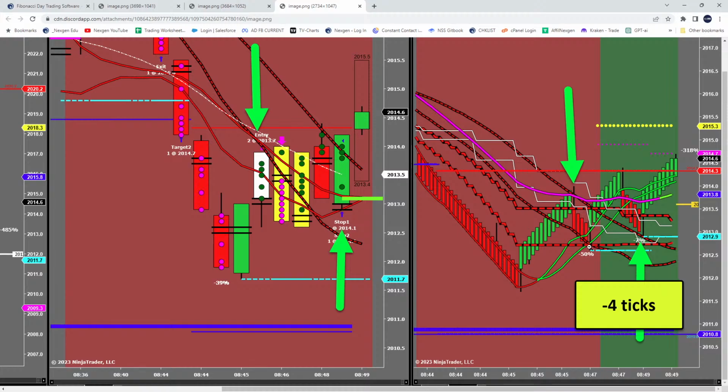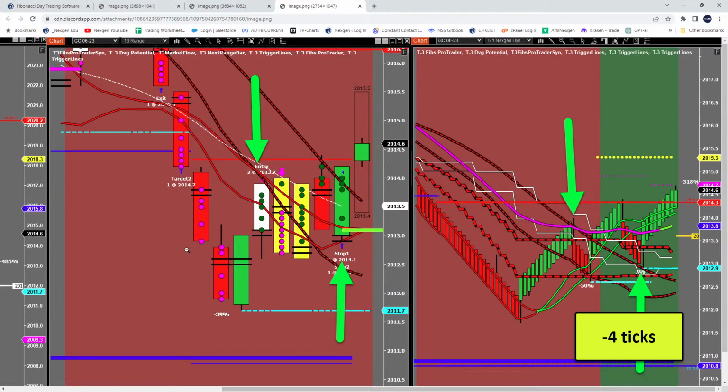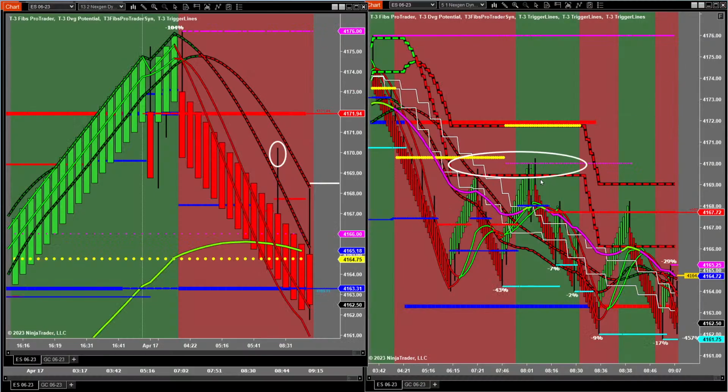I sat through the first one and had my stop out of the way, and the second one I didn't want to sit through, and ended up losing 4 ticks on that. Which, in the big scheme of things, is not a big deal. I don't even know how much I made on the first one, a lot. From resistance to the first support and second support, and then the continuation didn't. Anyway, I'm going to go through my plan today, if you guys don't mind.